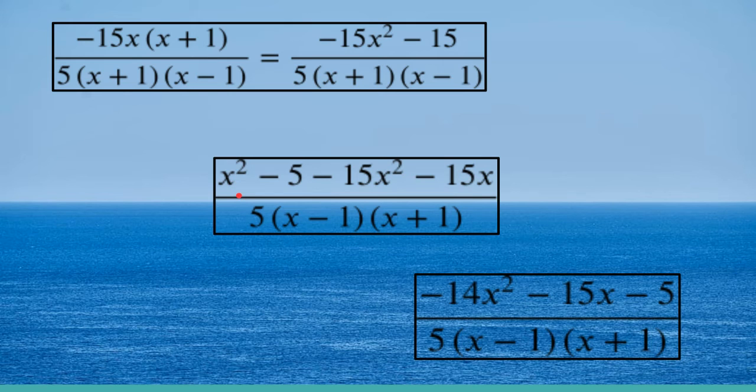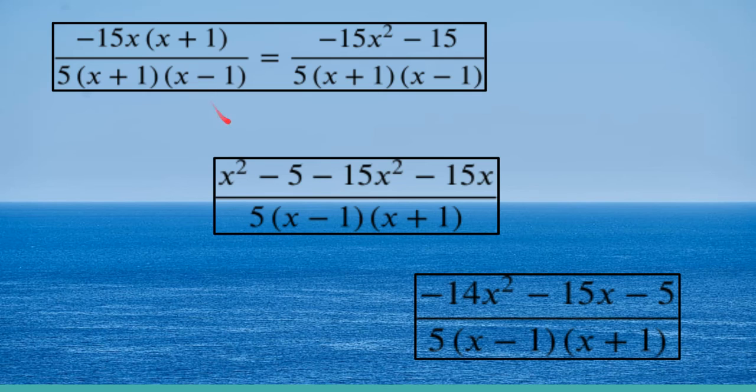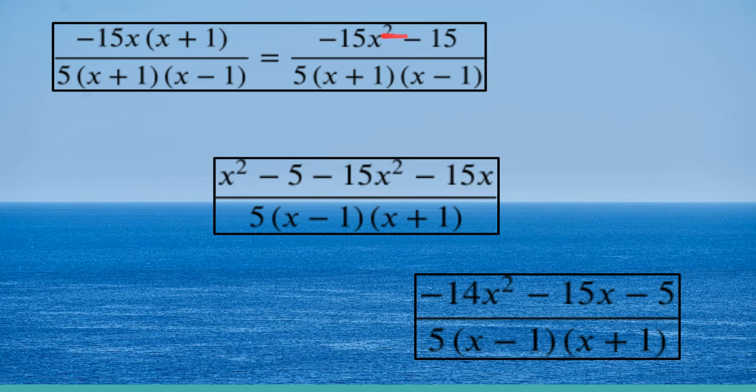Since you multiplied the other side's denominator, you keep this side the same. So you get x squared minus 5 from here, and then from this side, negative 15x squared minus 15x. We can add like terms.